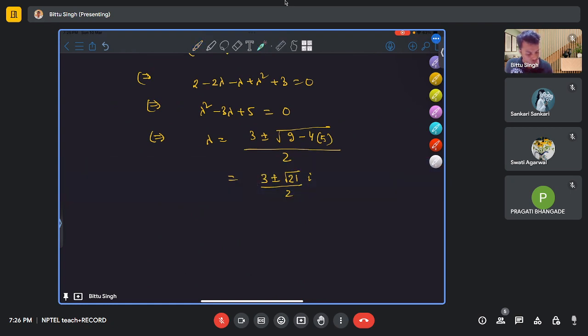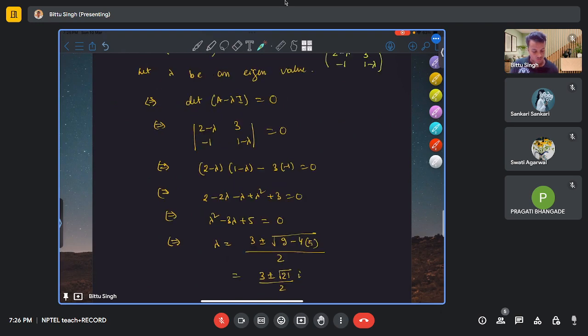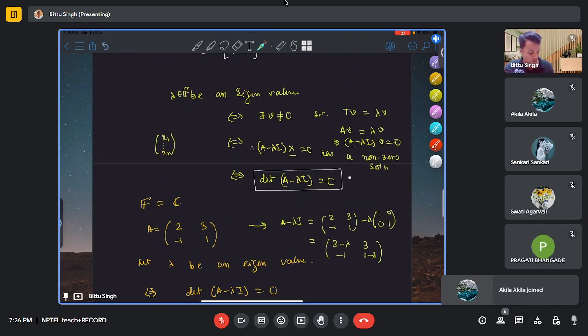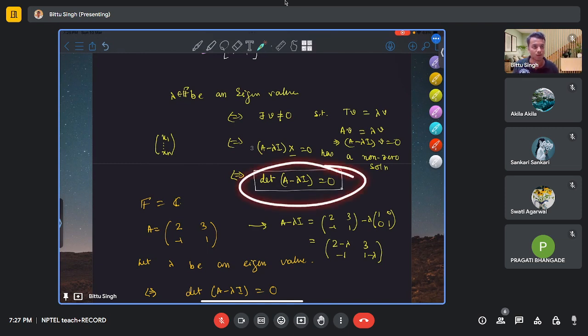One eigenvalue is 3 plus root 21i by 2, and another is 3 minus root 21i by 2. You can now see why this is actually important, because you can easily figure out any eigenvalues from this formula. You don't need to do anything else. Okay.